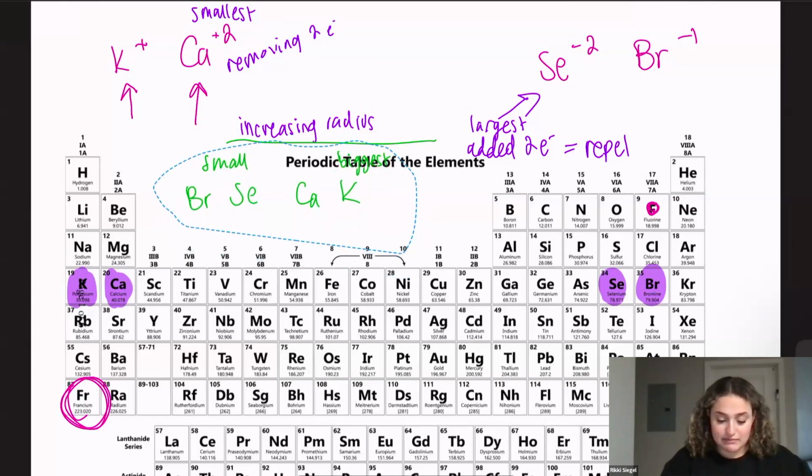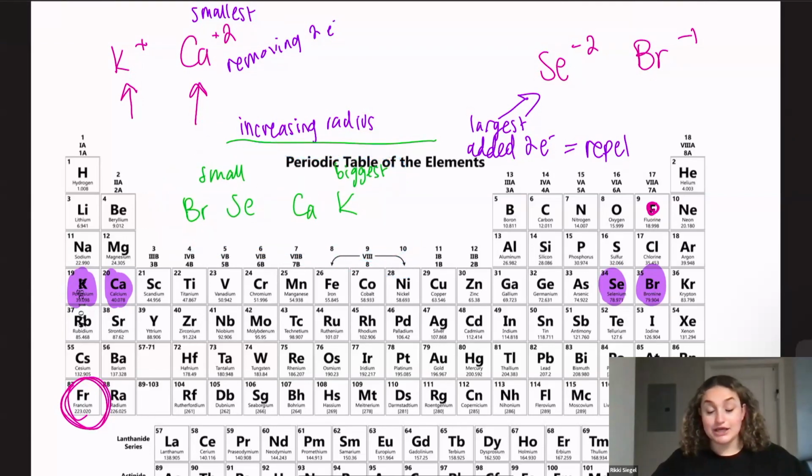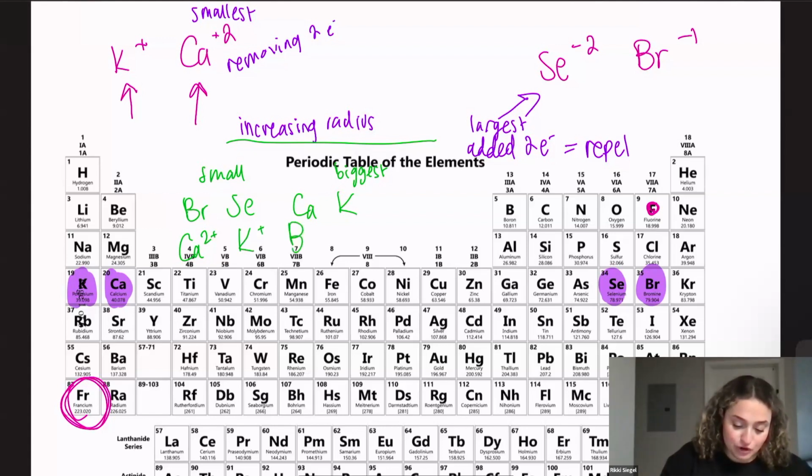But if you had to rank them taking into account ionic size, now our ranking has changed. I know that my two smallest are going to be the ones with the positive charges. Now it's going to be calcium with a +2, potassium with a +1. And my biggest ones, we are going to have bromine with a -1, and our absolute biggest is going to be selenium with a -2 charge.